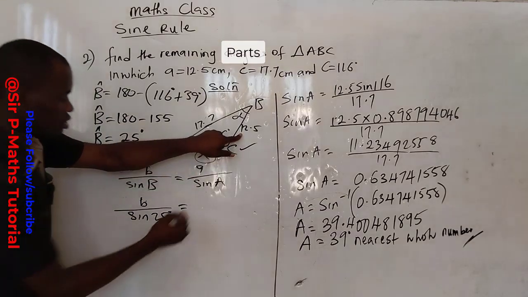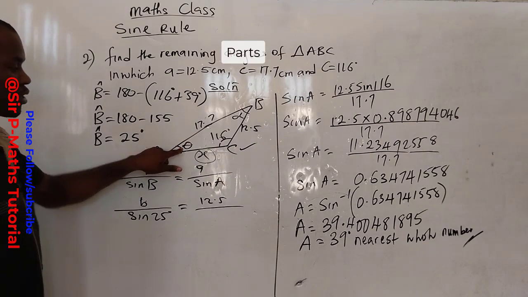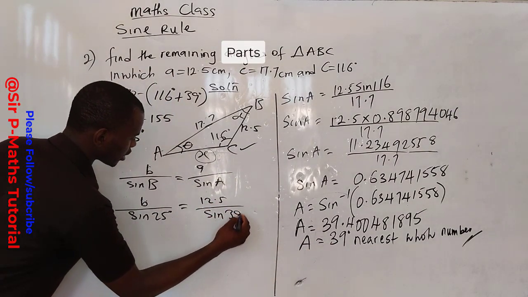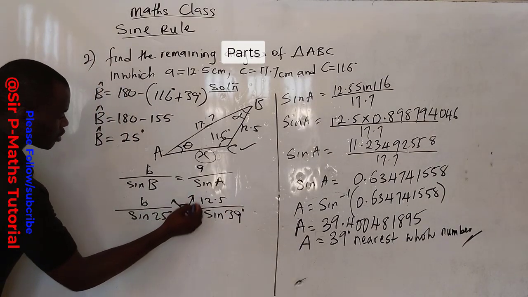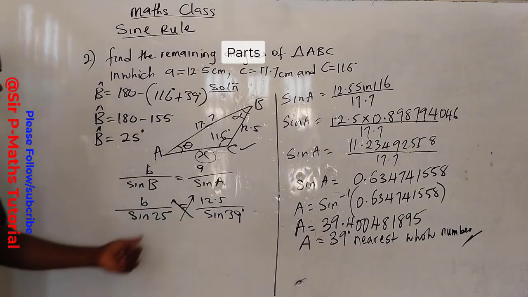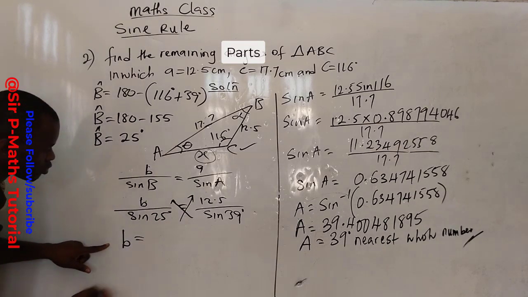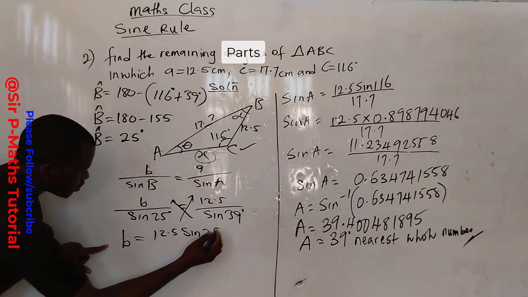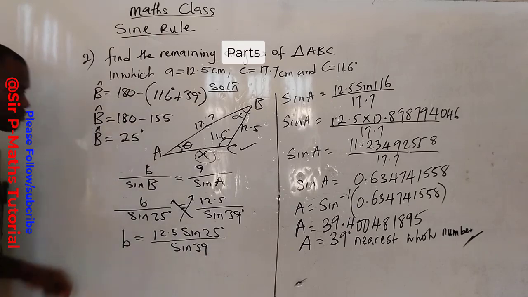The side facing A is 12.5, over the angle at A, which is 39 degrees. I will have sine 39 degrees. All right, then we cross multiply in here, we multiply here, we multiply here, then we now divide by the coefficient of B. So I will have B to be equal to 12.5 sine 25 over sine 39.